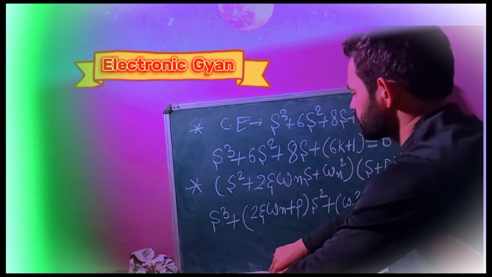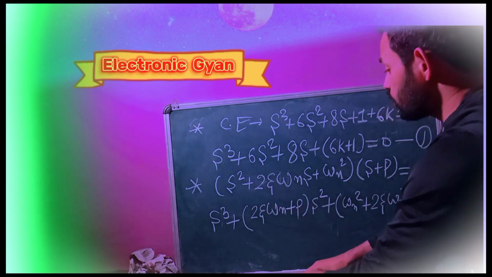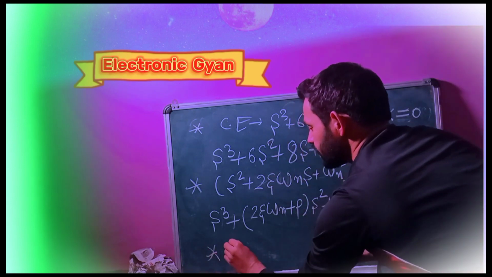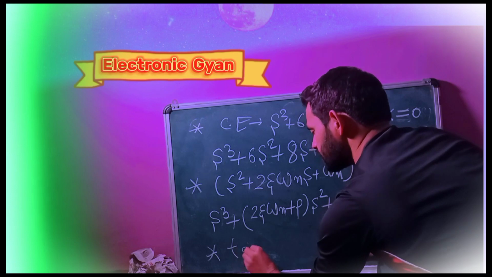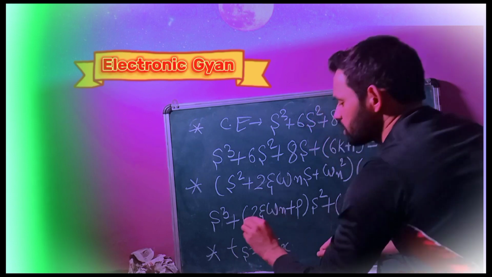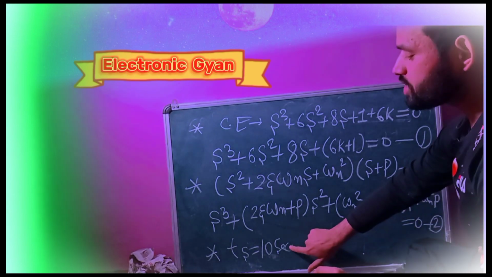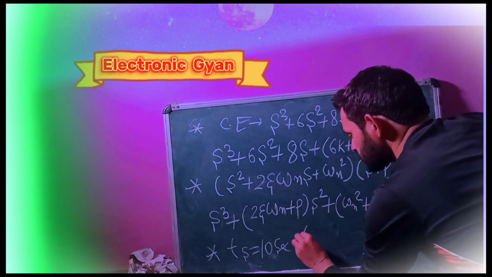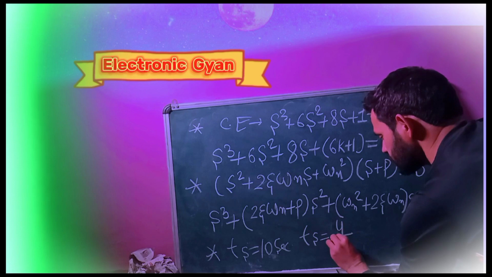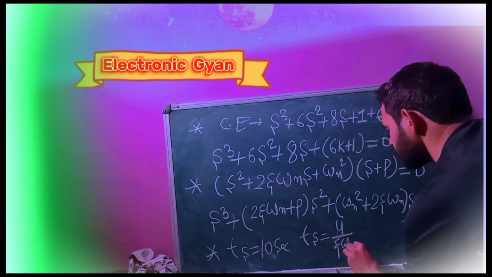So let's see, first compare this coefficient. Before comparison, we are given the settling time, which is 10 seconds. As the settling time is given as 10 seconds, the settling time of a second order system, as we know very well, is nothing but 4 by zeta omega n.